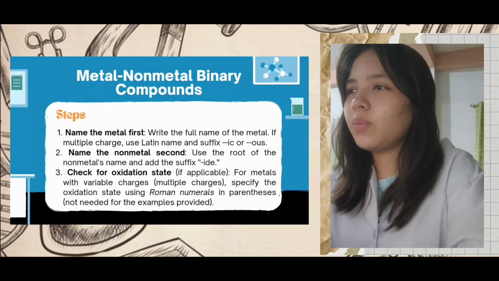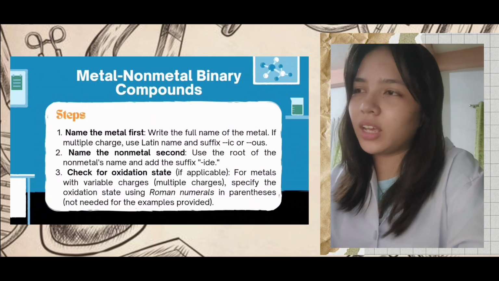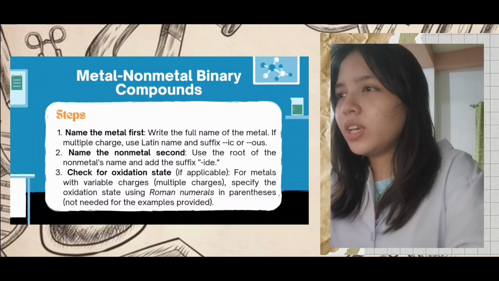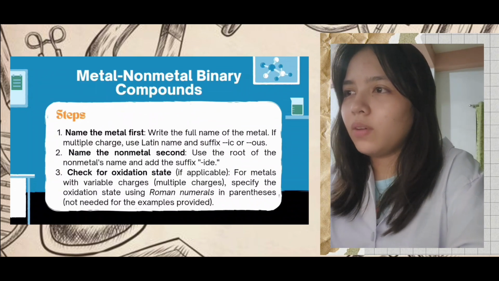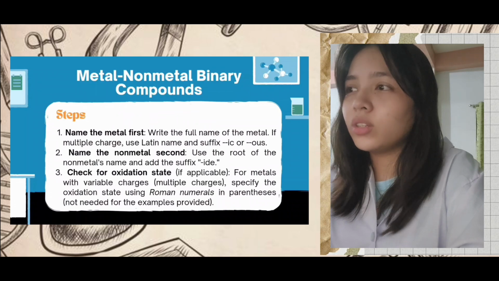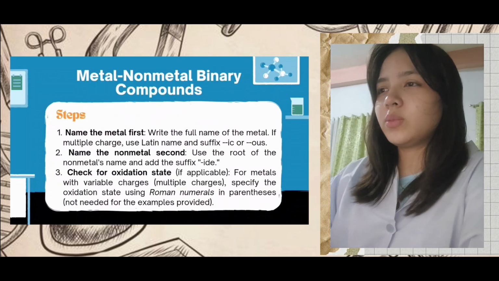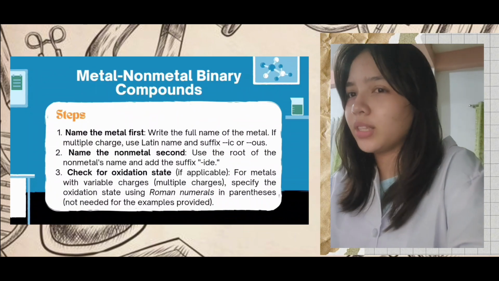Secondly, we name the non-metal. We use the root of the non-metal and add the suffix "ide," like oxide, the one we talked about. Thirdly, check for oxidation state if applicable. If there are multiple charges, we specify the oxidation state by using Roman numerals in parentheses.